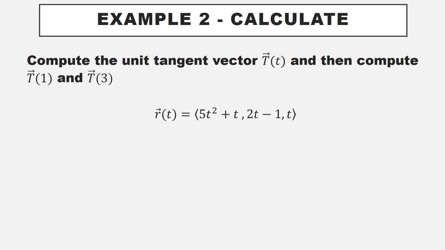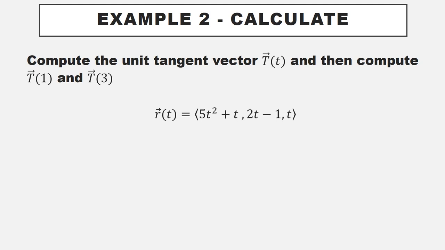Let's do another example. Let's compute the unit tangent vector, capital T, and then compute what happens when we plug in 1 and what happens when we plug in 3 for this vector valued function. R of our variable t is equal to 5t squared plus t, comma, 2t minus 1, comma, t.